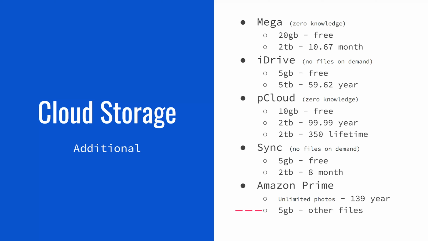So we have another question in the classroom. Hey, Tim, this is Kath. On sync, you said you couldn't access your files. Is that at all? So basically, if you're able to see to the right of all of these little options, some of them will have files on demand, or some of them will say no files on demand.